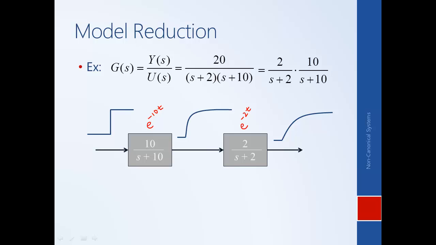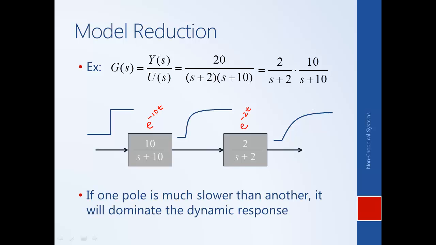Looking at this, this term is much faster than this term. e to the -10t is something that decays quite a bit more quickly than e to the -2t, and you can see that in terms of their response curves. In general, it turns out that the slower dynamics of a model will dominate the dynamic response.